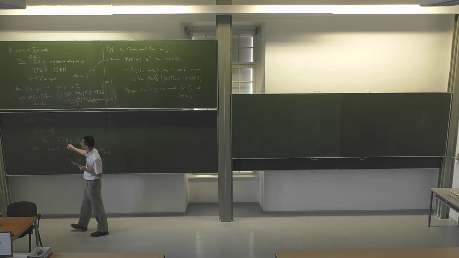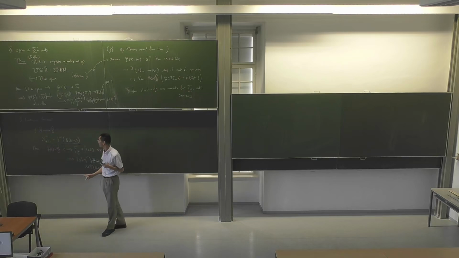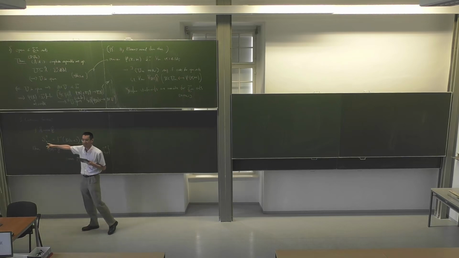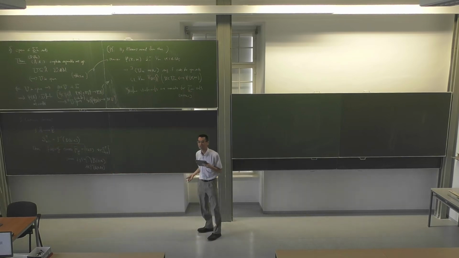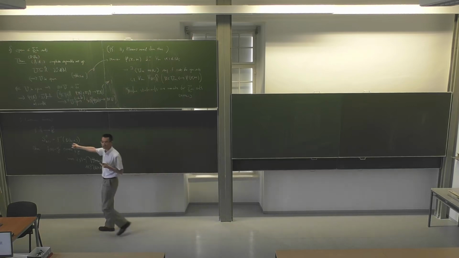And if it's continuous, of course, this is an open set, so this has to be an open set, right? So what we need to encode a continuous function is just to encode all of these things.